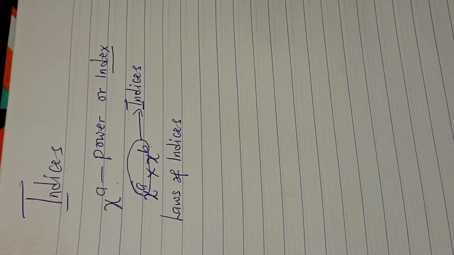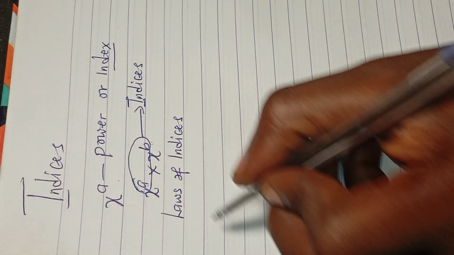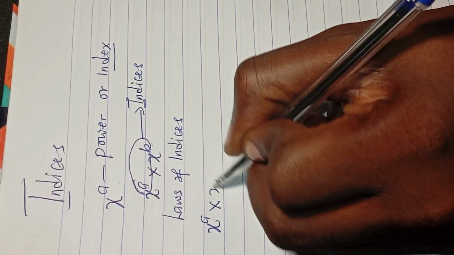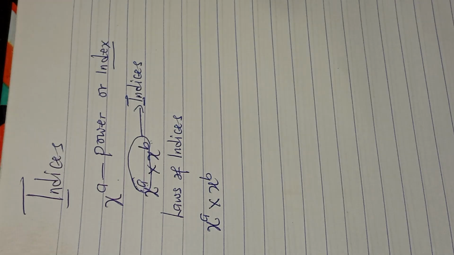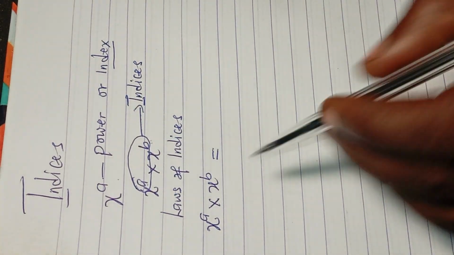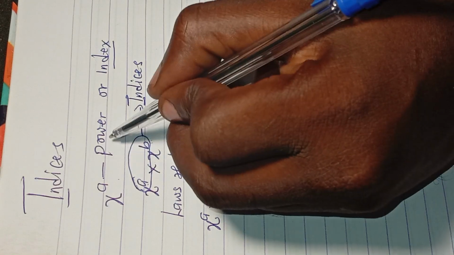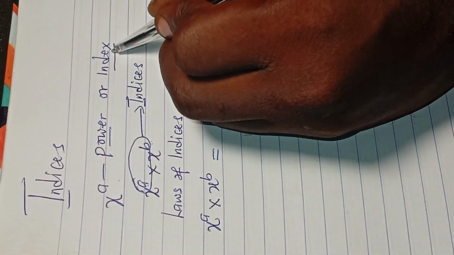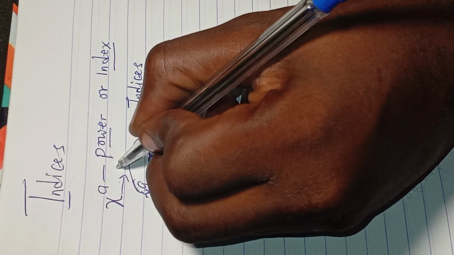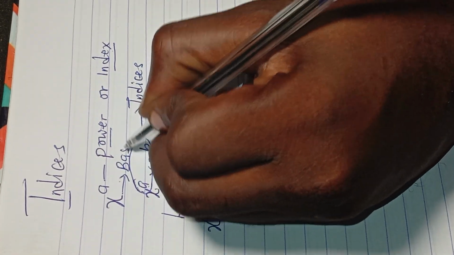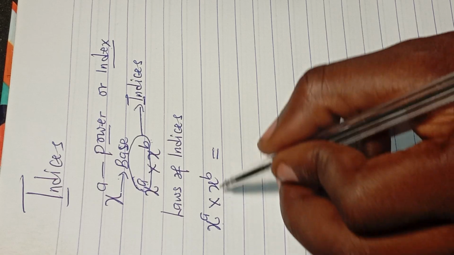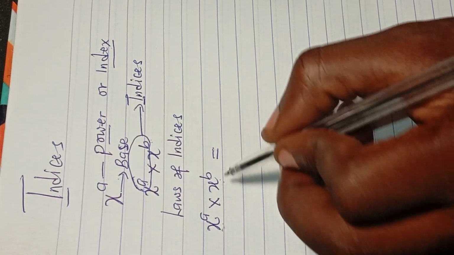The laws of indices. Let's say we have x power a times x power b. According to the laws of indices, if you have the same base, like for example here, we call this the power or index, while this is described as the base.